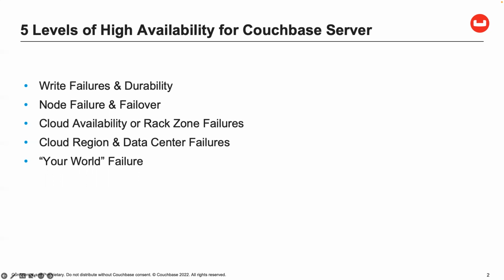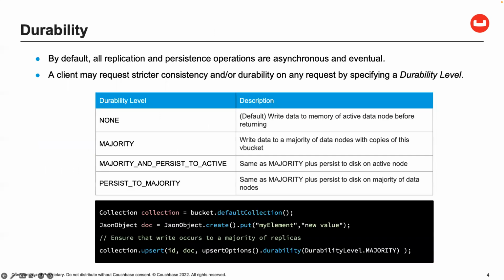And then fifth, what to do in the event of not maybe losing a cluster, but realizing that something has happened internally within your applications to corrupt your data, make it inaccurate or unusable for your use cases. How do we support you with that type of scenario? So today we're just going to talk about write failures and durability.